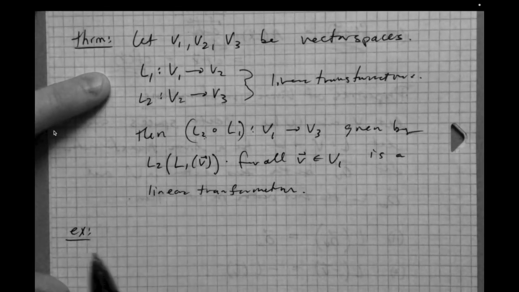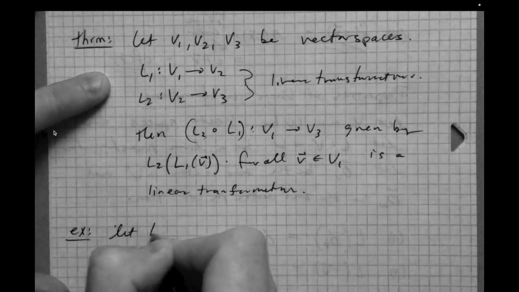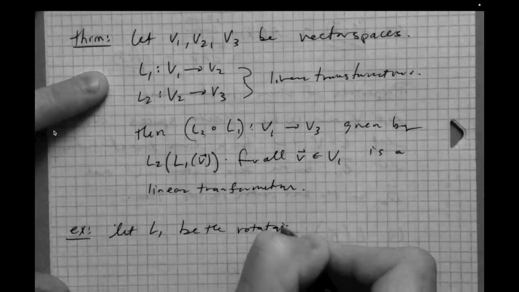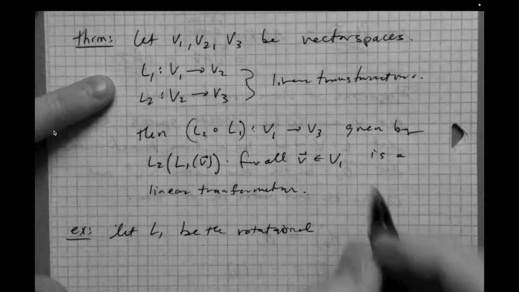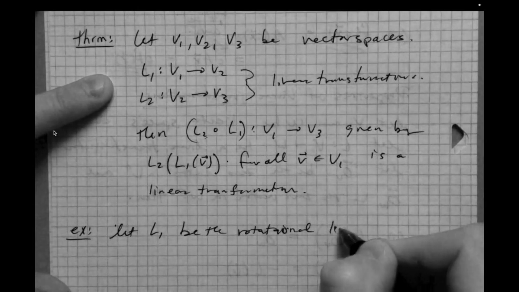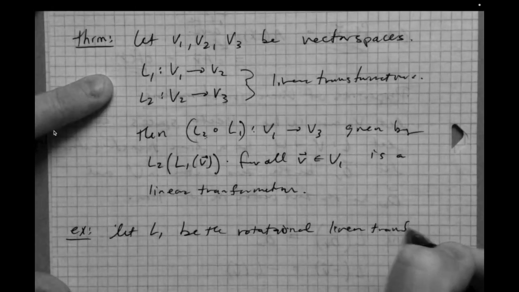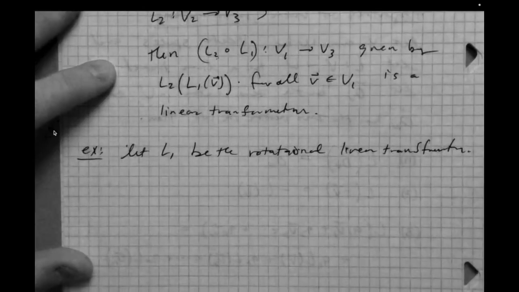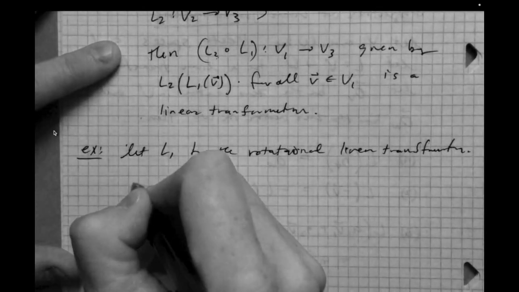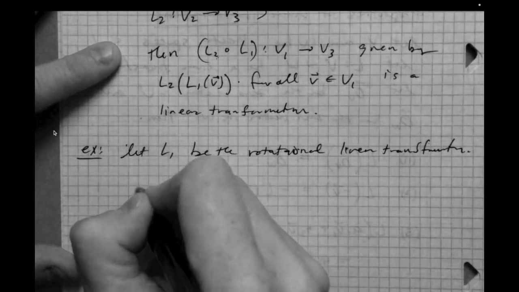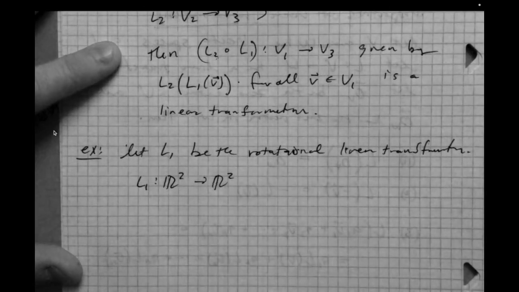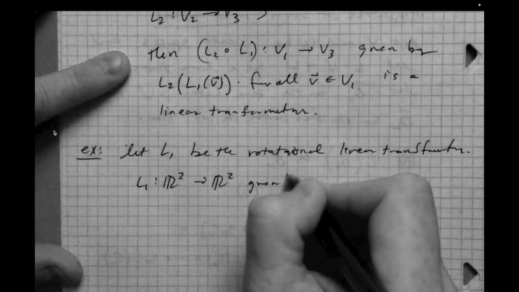Let L1 be the rotational linear transformation from before, right? And we'll think about this in terms of R2. So L1 is from R2 to R2, given by, what was it?